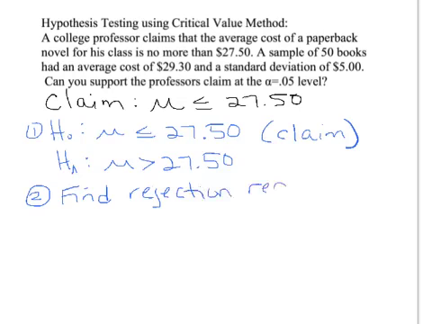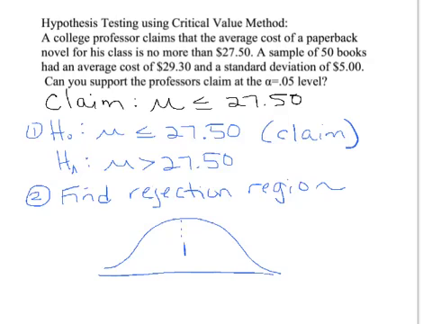Okay, so I always draw this out with a normal curve. Now this one is a right-tailed test, because our alternative has greater than, so we're going to reject high values and our rejection region is towards the top.